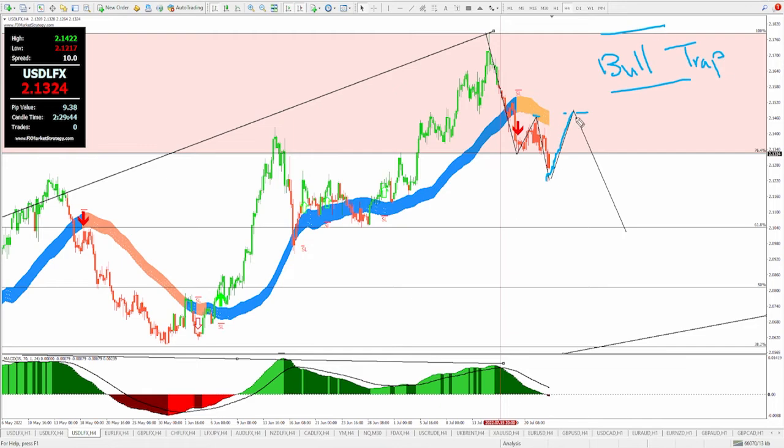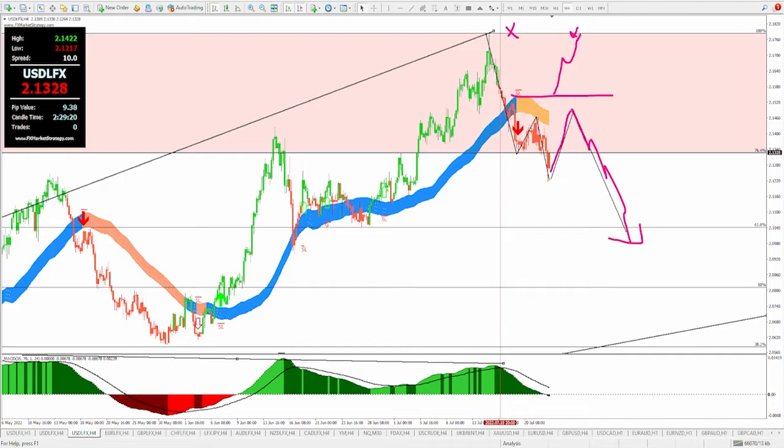Don't be stuck in anything like that, because afterwards it's going to drop like crazy. It's just going to crash. So what's going to happen is just a wave up, a bull trap. A lot of people are going to get stuck in this one, thinking it's going to go up here, break, and go to 120. This is not going to happen. I don't think it's going to go up here and break this level. It's not even going to break this level. And from here, it's a sell. This is very important to understand.